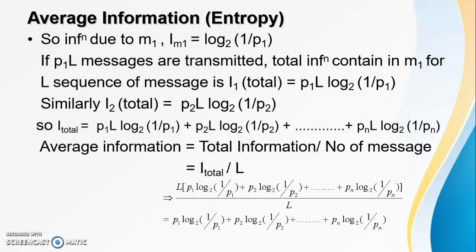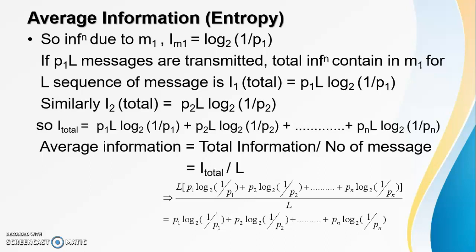Similarly, I2 total for message M2 equals P2L log base 2 of 1 by P2. So I total equals P1L log 1 by P1 plus P2L log 1 by P2, and in this way up to PnL log 1 by Pn.